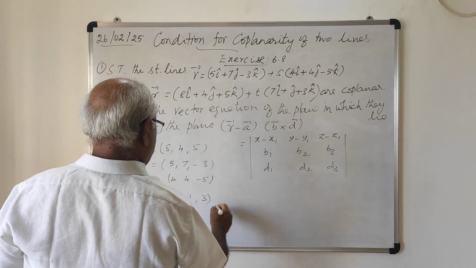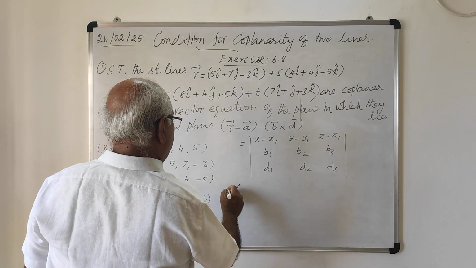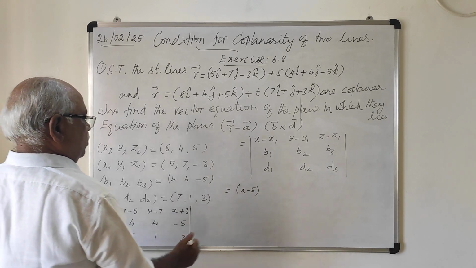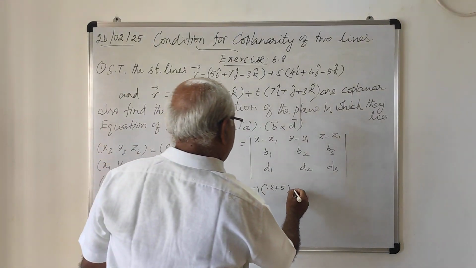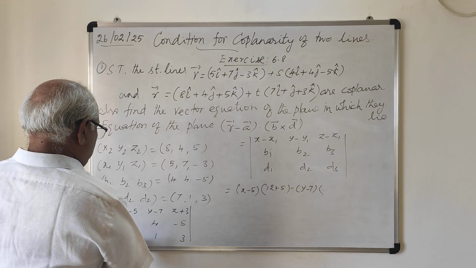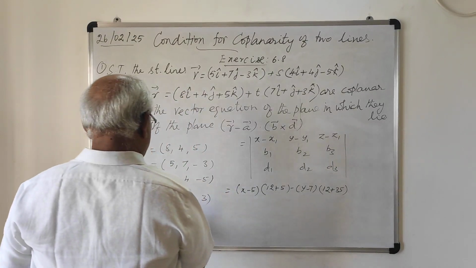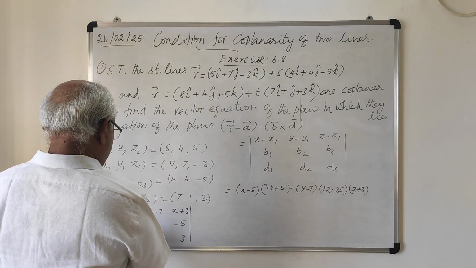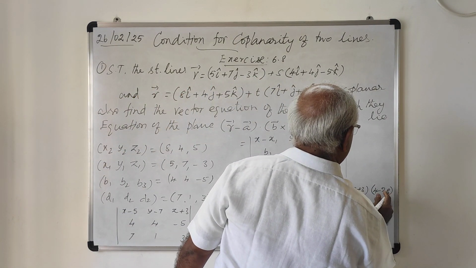So that is equal to x minus 5 into 12 plus 5, 4 3s are 12 plus 5, and minus of y minus 7 into 12 minus of minus 35, plus z plus 3 into 4 minus 28, 4 1s are 4 minus 28.